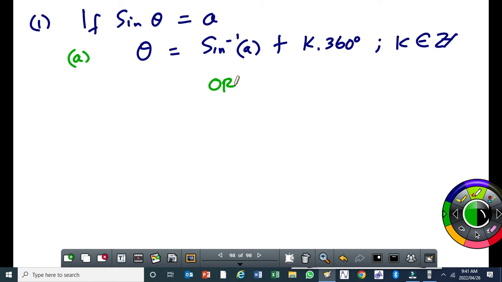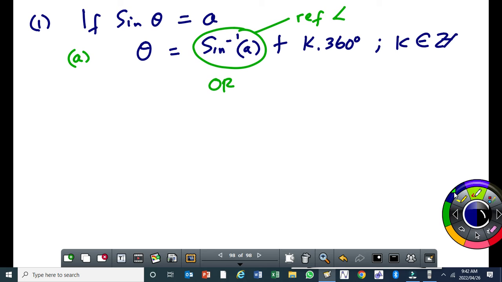By the way, this angle here is called the reference angle. Shift sine of A is an angle. Now, if we find this reference angle in the first quadrant, since we are dealing with an equation in terms of sine, it has got a sister or a brother in the second quadrant.